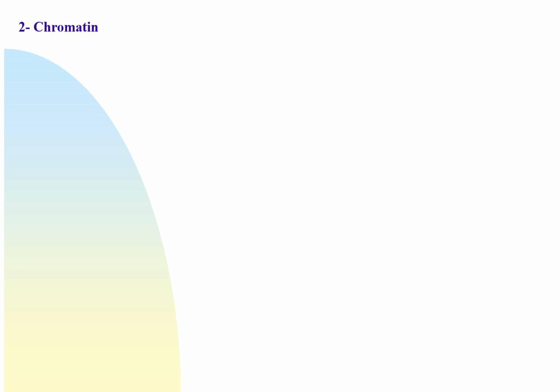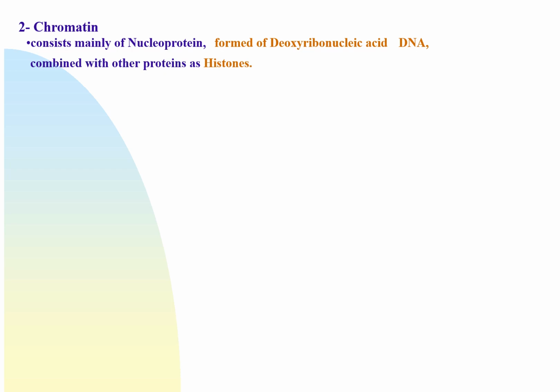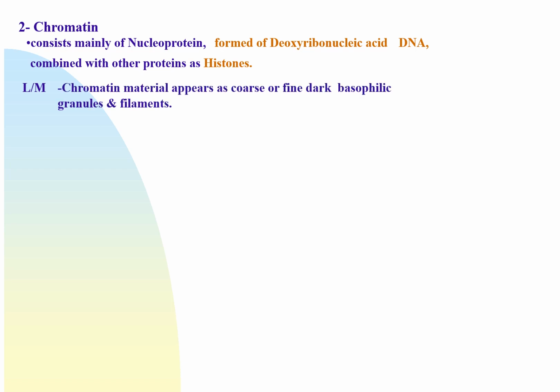Chromatin consists mainly of nucleoprotein formed of desoxyribonucleic acid, DNA, combined with other proteins as histones. By light microscope, chromatin material appears as coarse or fine dark basophilic granules and filaments.